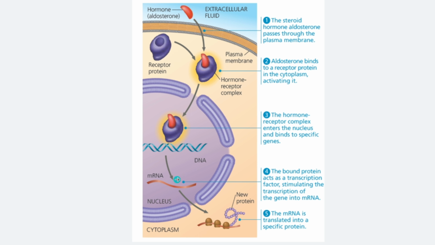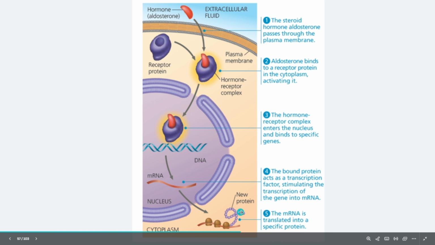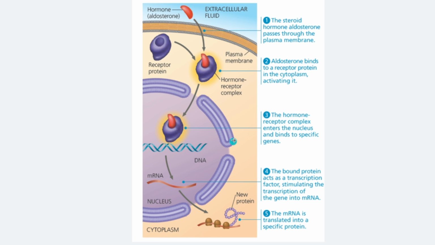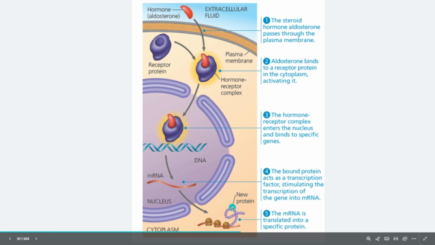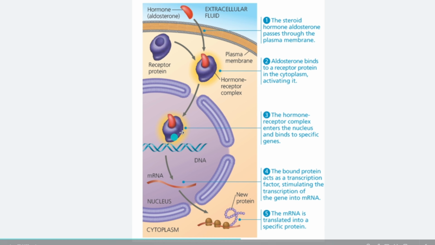So after the transcription process, it will do translation to produce protein. This is what we call gene activation. It activates the gene so that it will produce a new protein, meaning that this gene normally is not activated if there is no hormone. When there is the hormone, then it will activate. This is why we say gene activation.